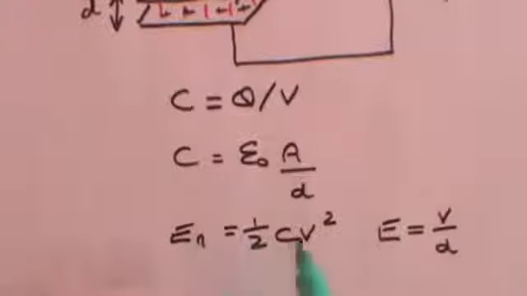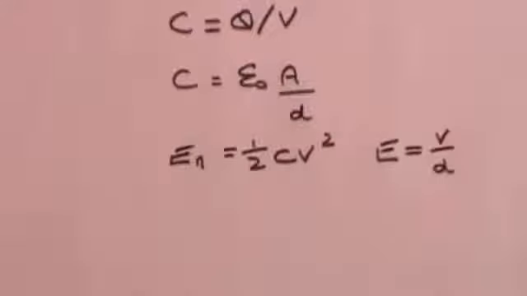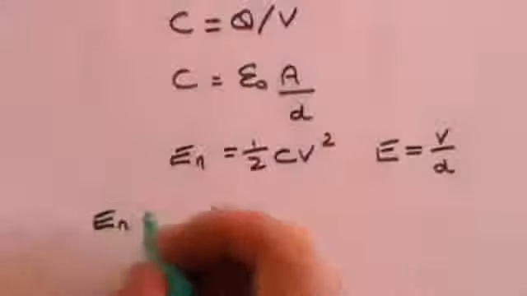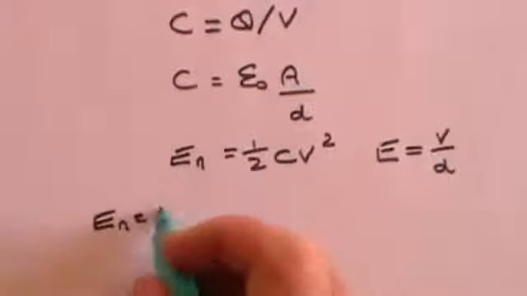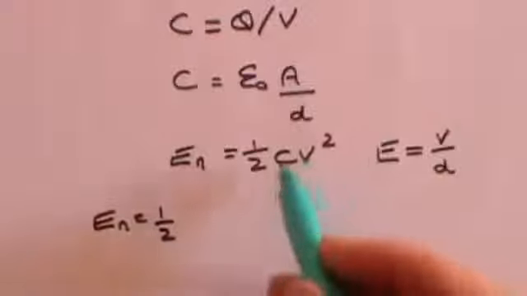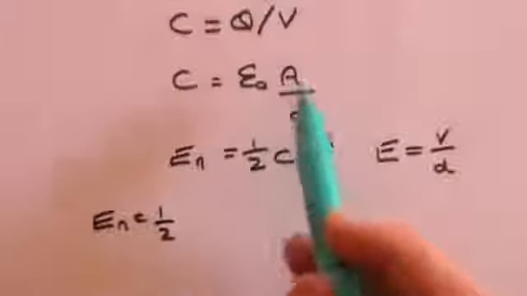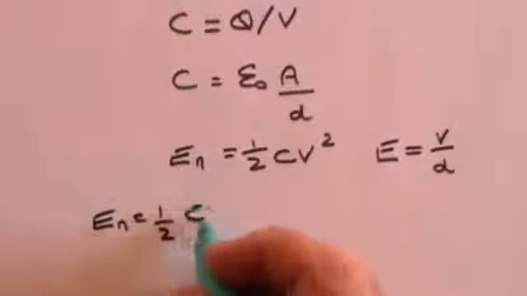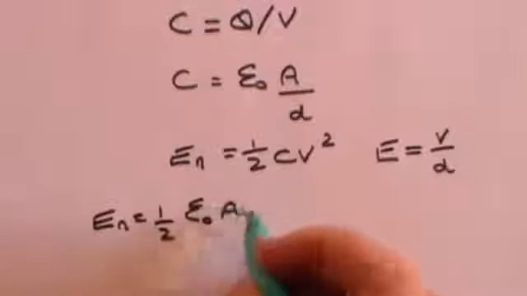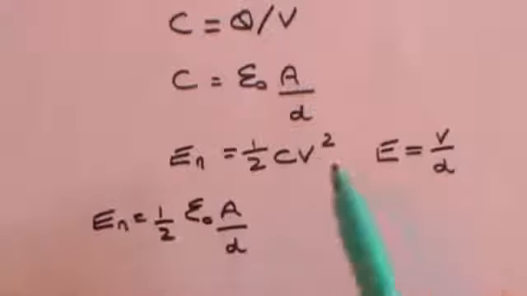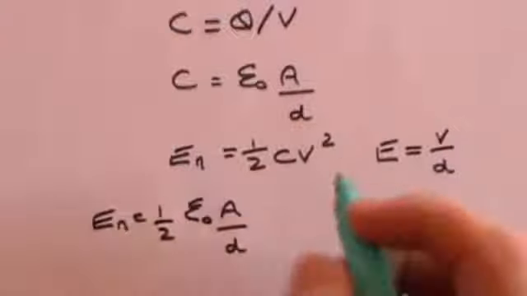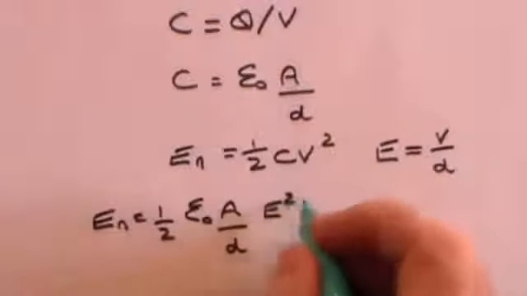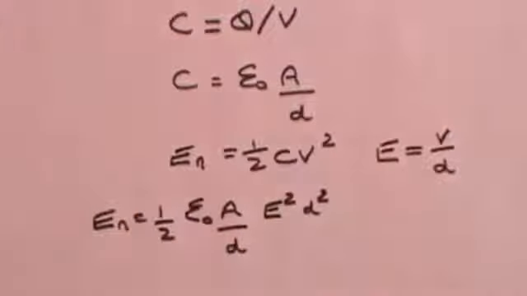So let's take this formula here and apply what we already know. We now know therefore that the energy stored in a capacitor is 1/2 times C, which is epsilon naught A over d, times V squared. Well, V is E times d, so that will be E squared d squared.